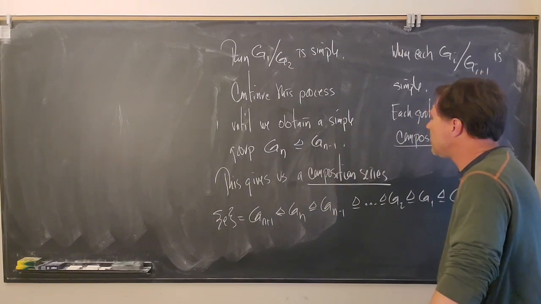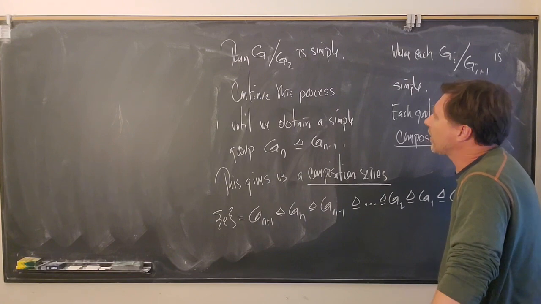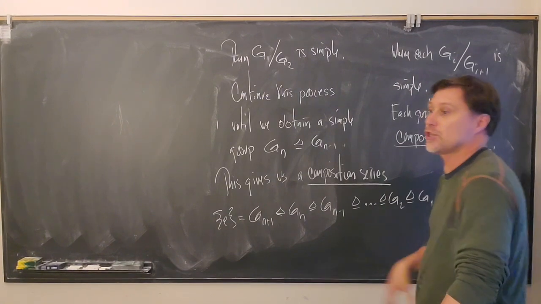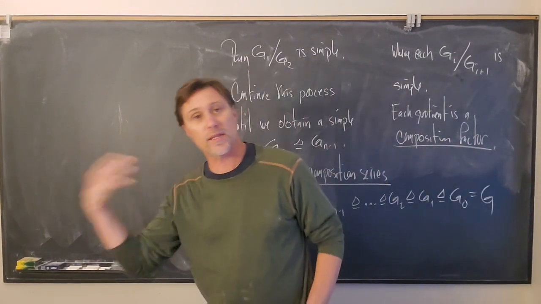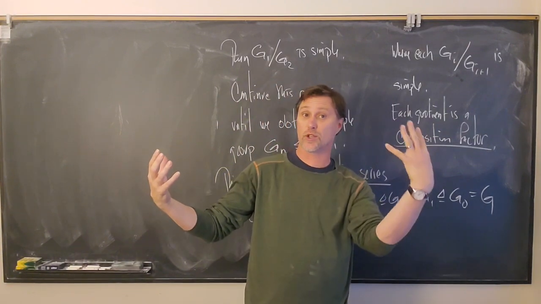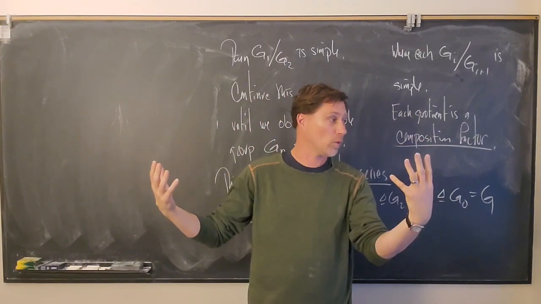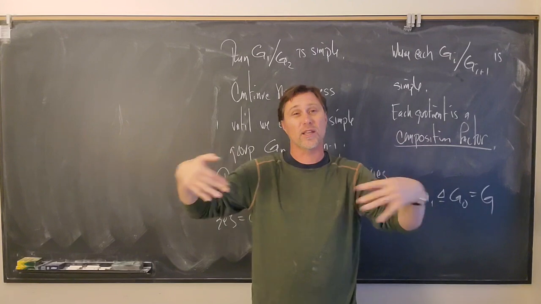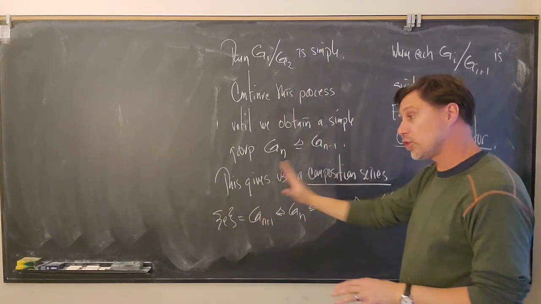Where does the non-uniqueness come from? Well, one person might choose G1 to be one maximal normal subgroup, and somebody else might choose G1 to be a different one. And so when you take the quotient, you actually get different ones, but up to ordering, you're going to get the same.